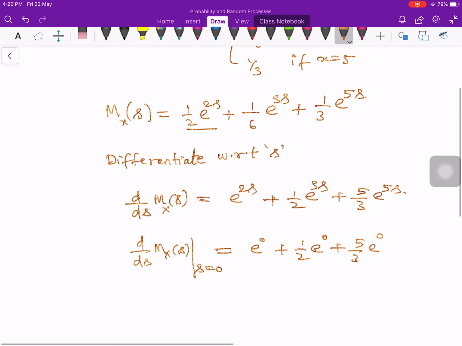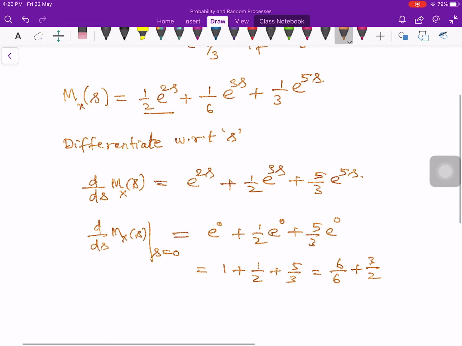So if you simplify this, 1 plus 1/2 plus 5/3. The LCM you can take and rearrange this. So let me write 6 by 6 plus 3 by 6 plus 10 by 6. So therefore this is 19 over 6 if you do the simplification.